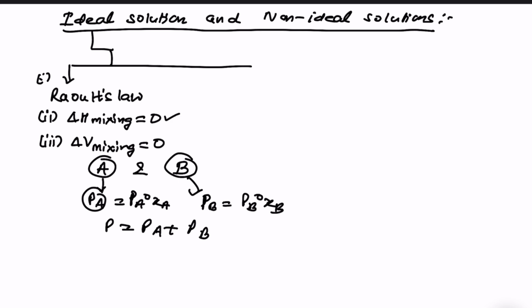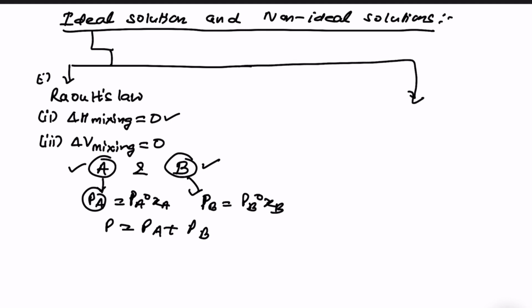Now, the second point: for them, delta H mixing is zero. When we mix the two components A and B to form a solution, if the total heat of the solution formed is the same as the heat of its components, then there will be no change in the heat content. That is known as the ideal solution.